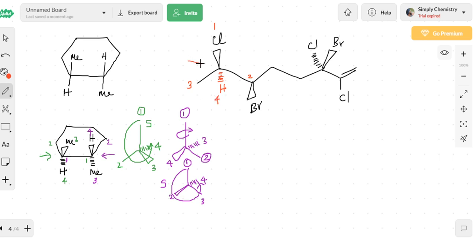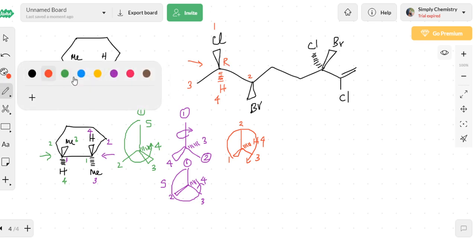Now if you view the molecule from this direction, it's going to be 2 on the top, your 1 is on your left side, and 3 is onto your right side, and your hydrogen is projected behind, that is number 4. So you could see that it goes clockwise. The assigned configuration is R.